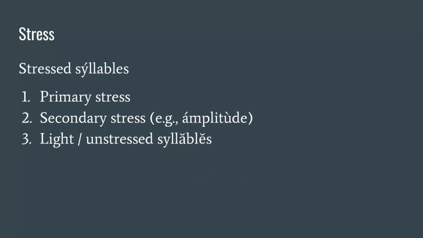Now, when you get into longer words, like three or more syllables, you can have a second level or secondary stress, like amplitude. The amp is the main stress. The oo is a long vowel, so it gets a stress too, but a second level stress. Amplitude. And the I in the middle is a light or unstressed syllable.